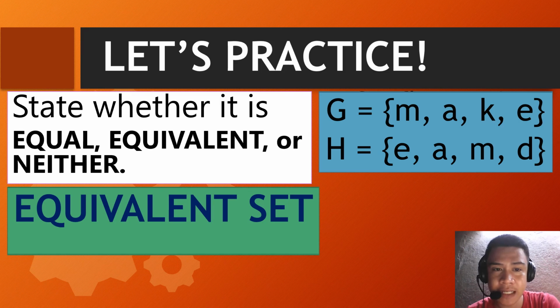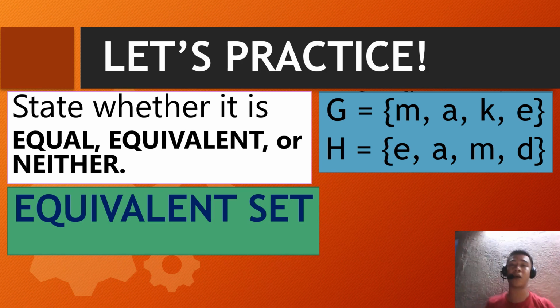The answer is set G is equivalent to set H. Since yung letters sa set G are M, A, K, and E. So set H naman is E, A, M, and D. What makes it different? Yung letter K and letter D. Kaya hindi sila naging equal. Since they have the same number of elements, which is 4 elements, therefore, set G is equivalent to set H.